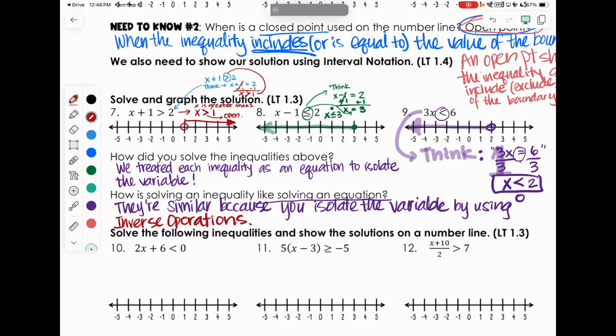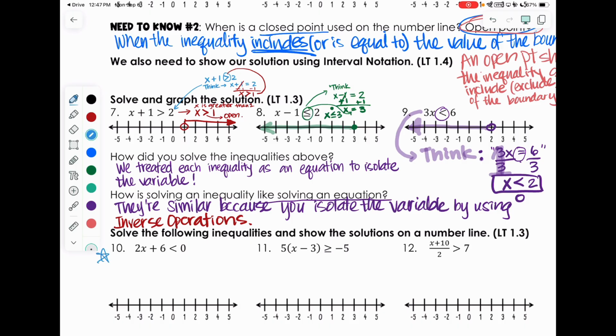Here we go. So, 2x plus 6 is less than 0. What's my very first step? Stella, go for it.